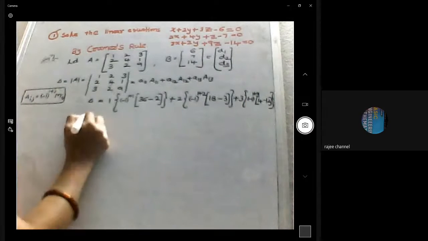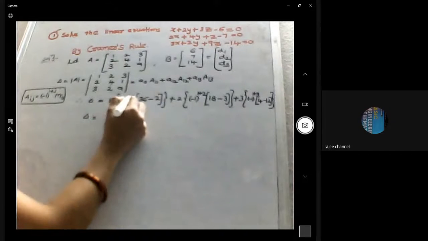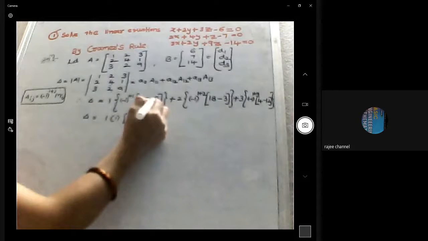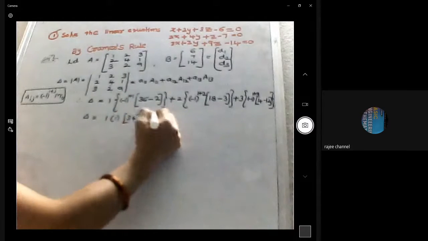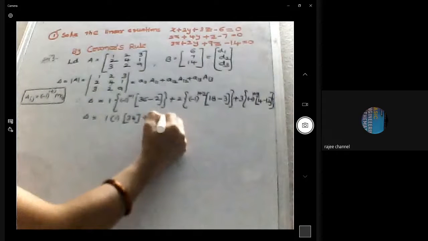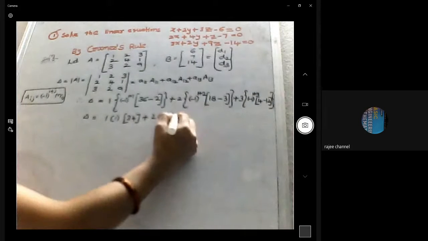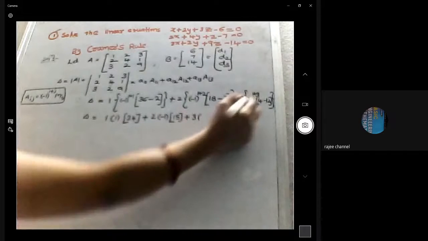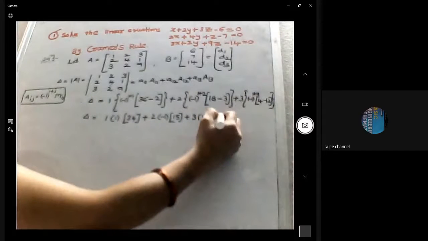So delta equals 1 into minus 1 squared, which is positive 1, into 36 minus 2, 34, plus 2 into minus 1 into 18 minus 3, 15, plus 3 into minus 1 to the power of 4, positive 1, into 4 minus 12, minus 8.